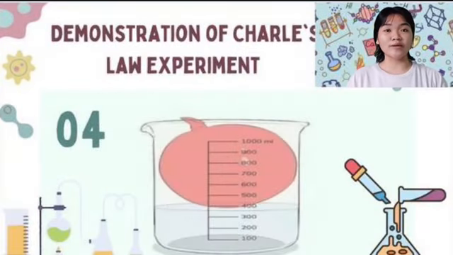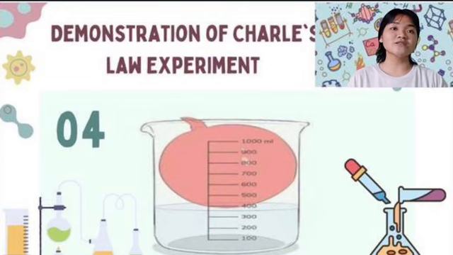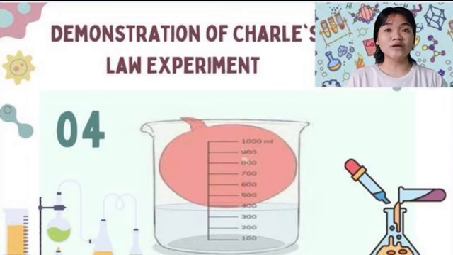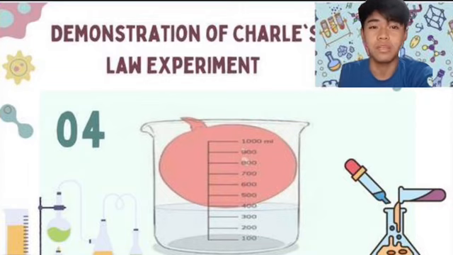Conclusion of the experiment: as the boiling water increases its temperature, the balloon will increase its size and volume. As stated in Charles' law of gases, in a closed system, temperature and volume change proportionally to one another. If the temperature increases, so does the volume.